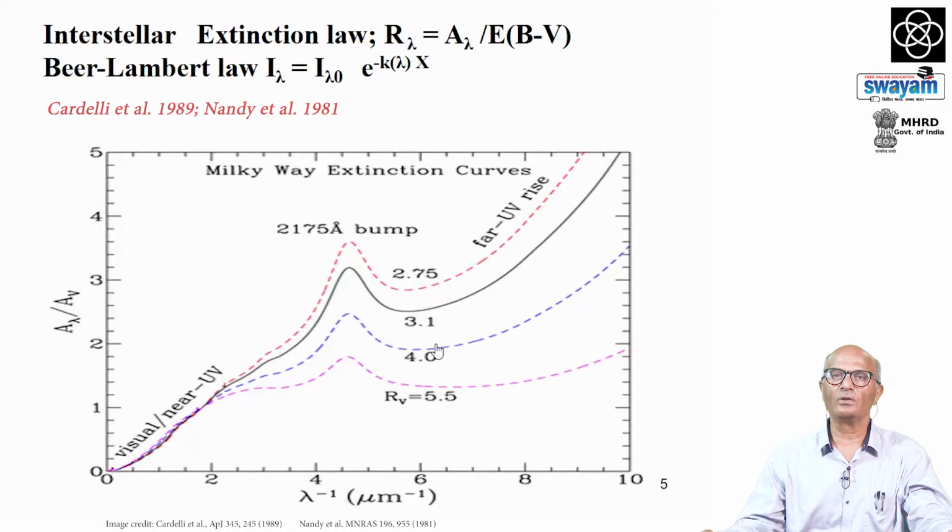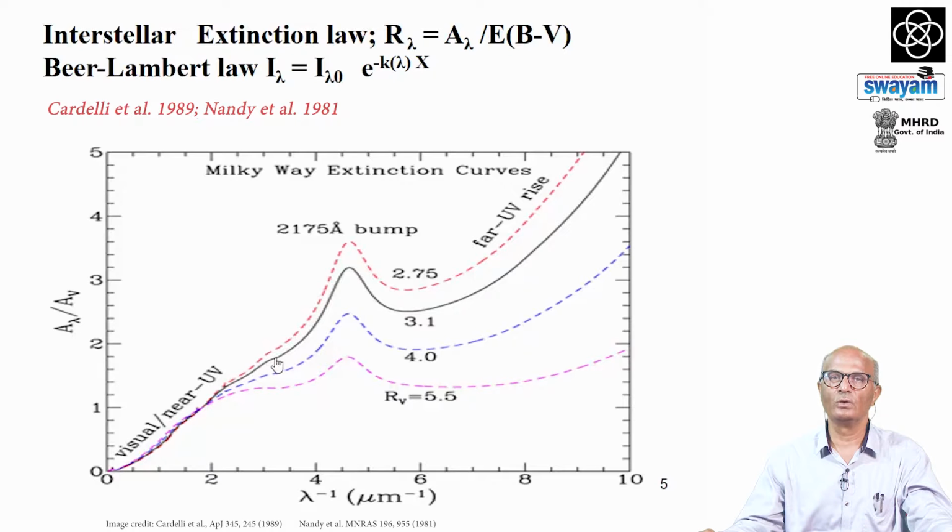The important thing to notice is that, depending upon the constituents of this interstellar matter, we may have a different value of A_lambda / E(B-V) for different curves. For example, 3.1 is considered to be normal, and in most parts of the galaxy this is true.